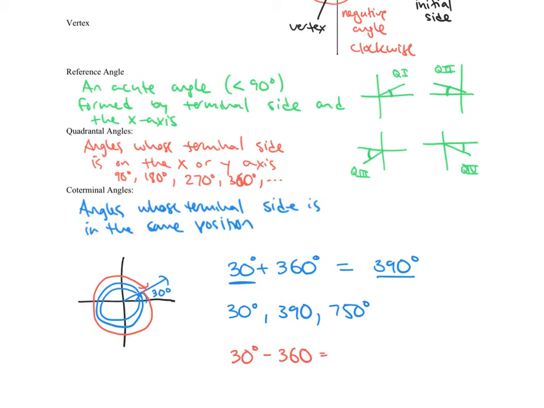So that would be negative 330 degrees. That would also be coterminal with 30, 390, and 750. And there's an infinite number of angles that are coterminal with 360. So if you ever need to find a coterminal angle, you can add 360 degrees or subtract 360 degrees, a full circle.